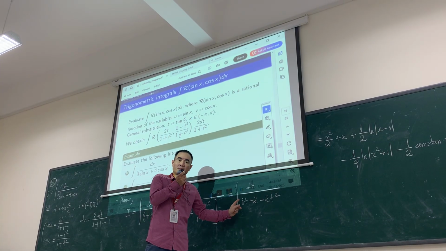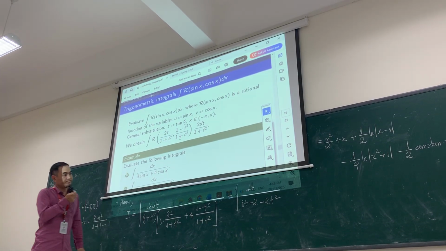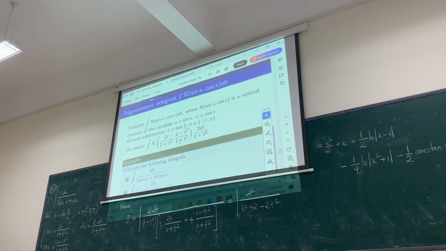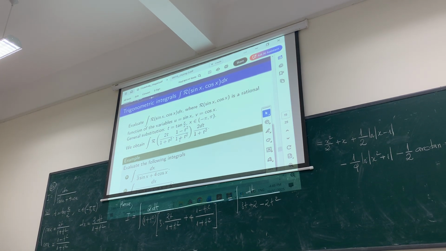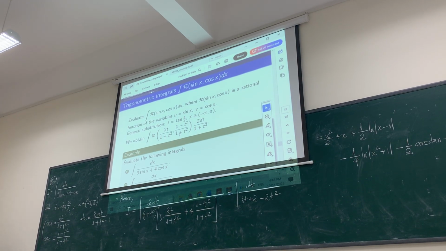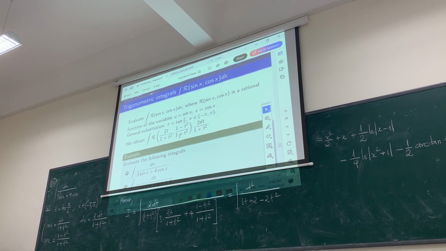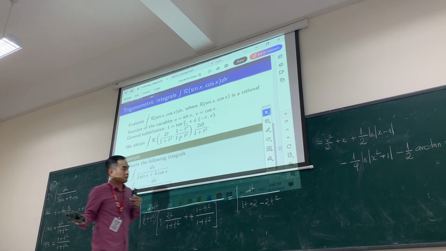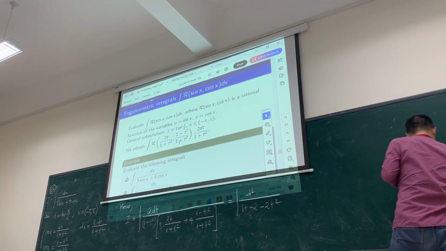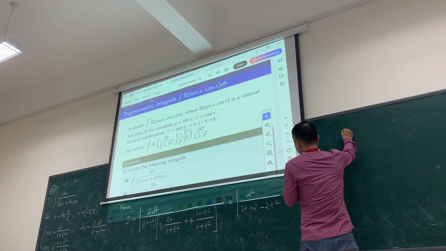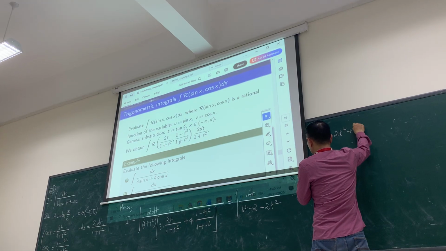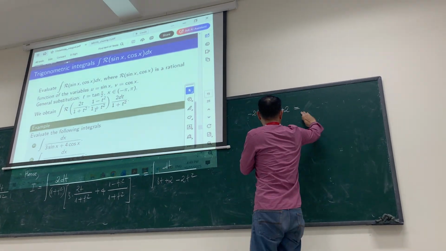Now, help me estimate the integral of the rational function. Minus 2t squared plus 3t plus 2 is equal to what?